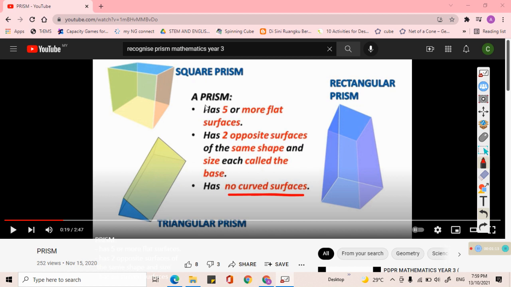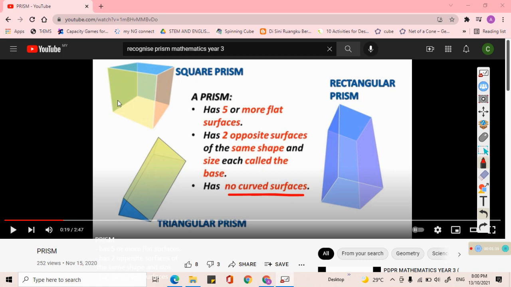A prism doesn't have curved surfaces. And then in year 3 you will only learn 3 prisms, which is square prism, rectangular prism and triangular prism only. You must remember these names of prism.